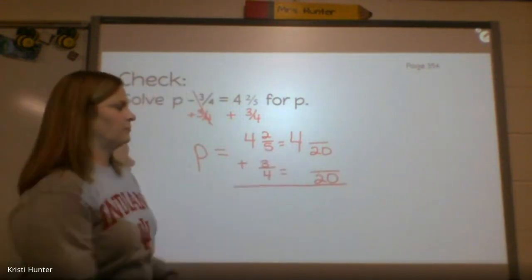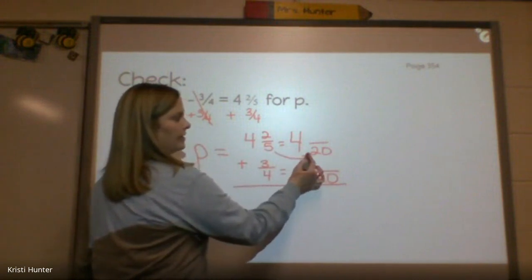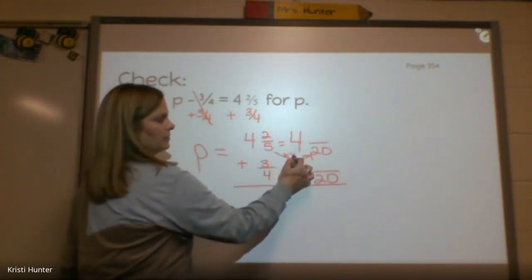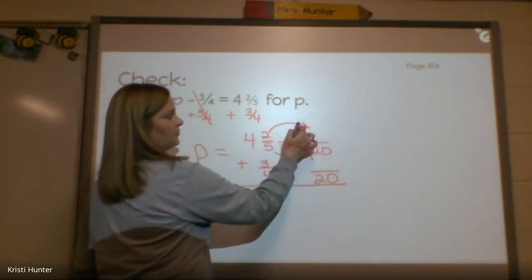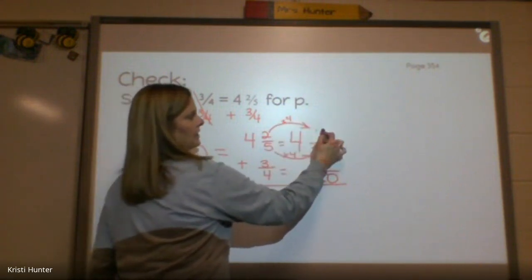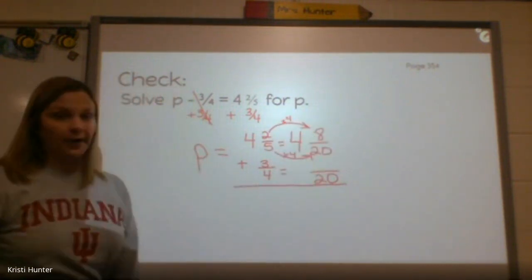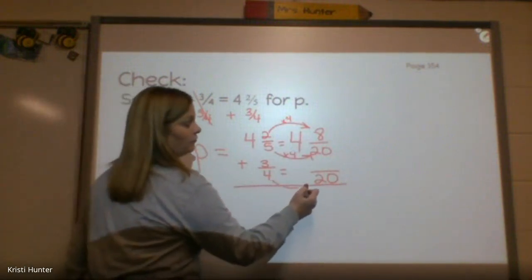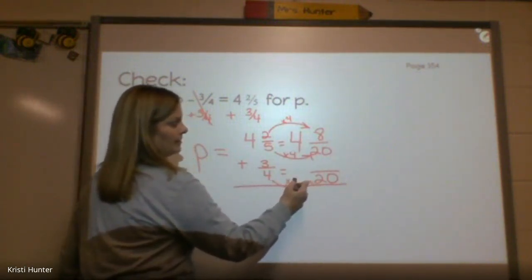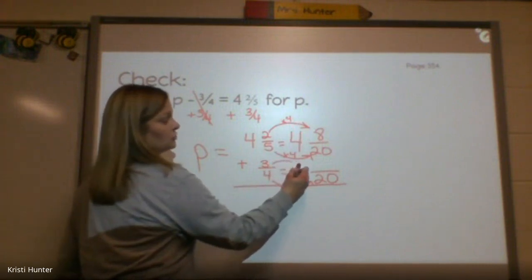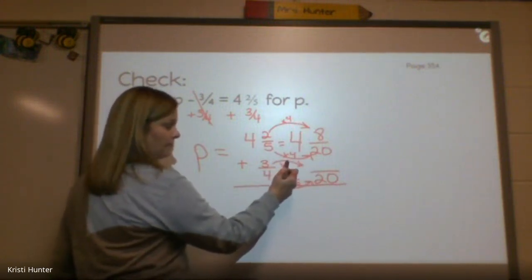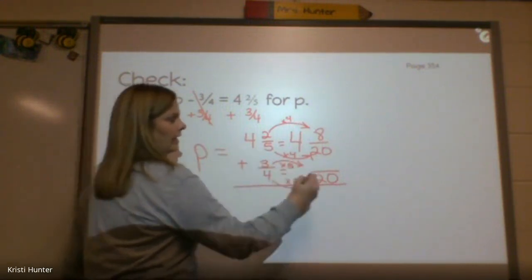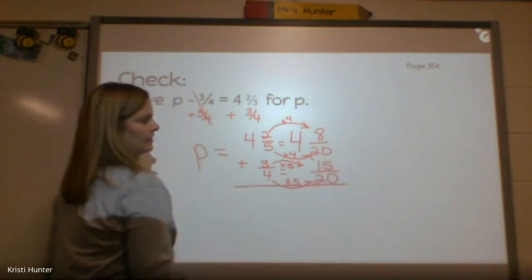To get from 5 to 20, I'm going to do a times 4, which means I need a times 4 here, which would give me 8. So 4 and 8 over 20. Again, to get from 4 to 20, I'm going to do a times 5. So to do the same thing on the top, I'm going to end up with a 15.